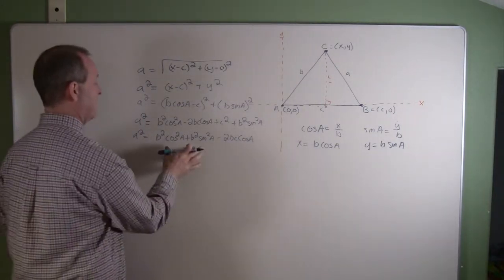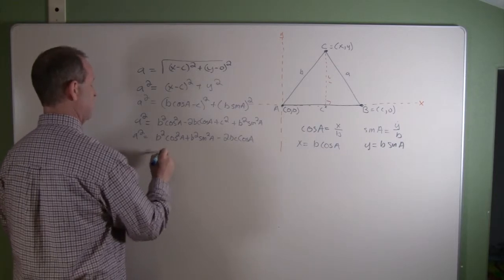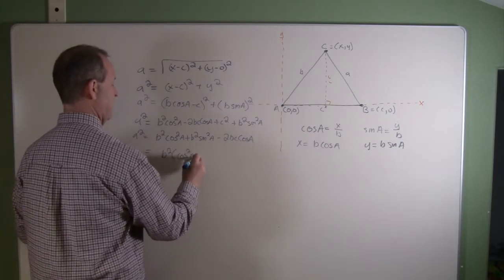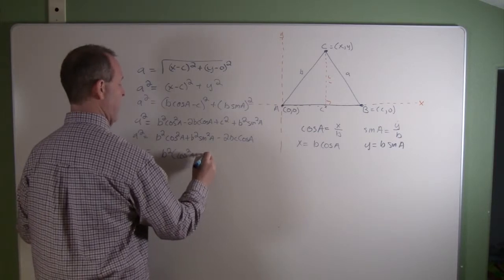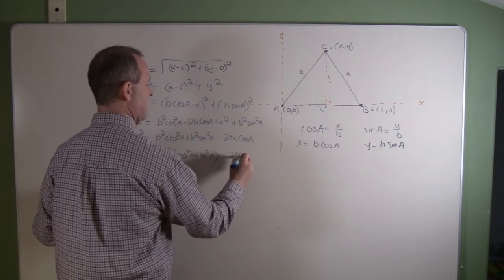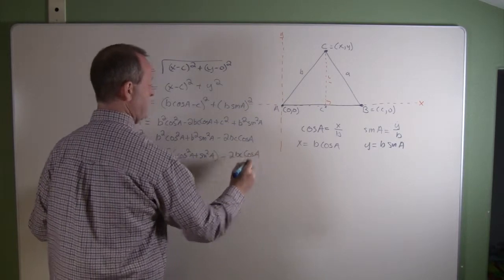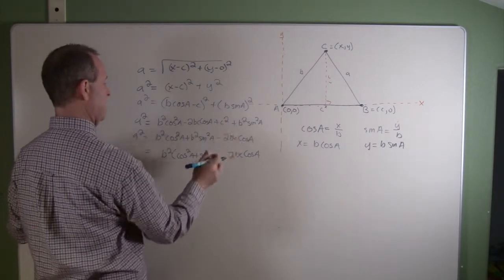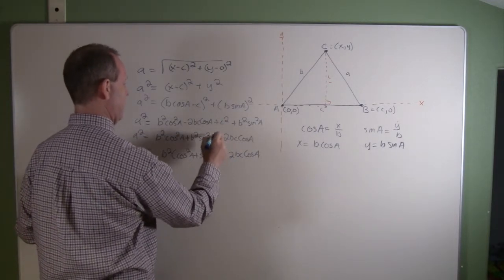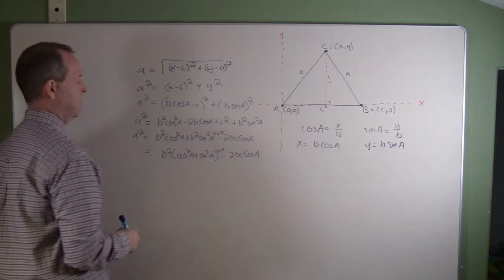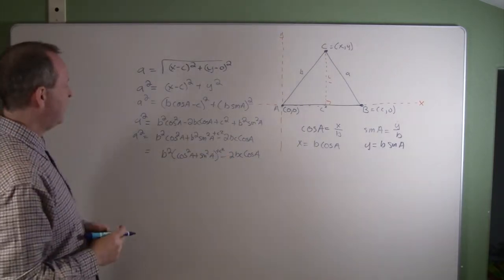I'm going to factor that out just in the first two terms. Then I'm left with cosine squared of A plus sine squared of A, minus 2bc cosine of A. Oh, I forgot one thing. I dropped it. The c squared comes along too, so let's put a c squared right there and carry that c squared all the way down.